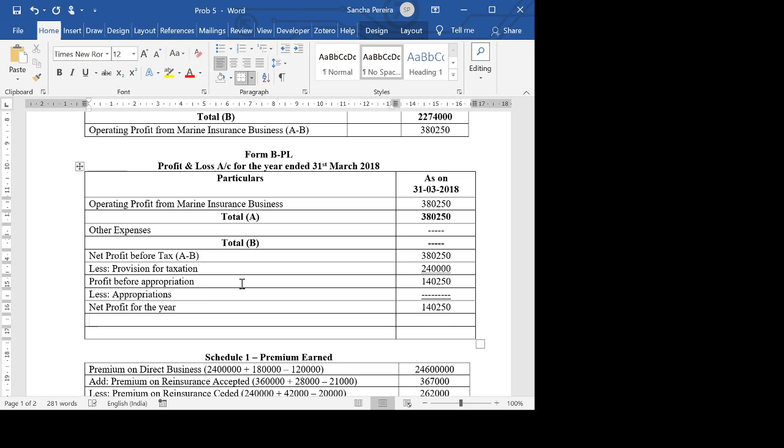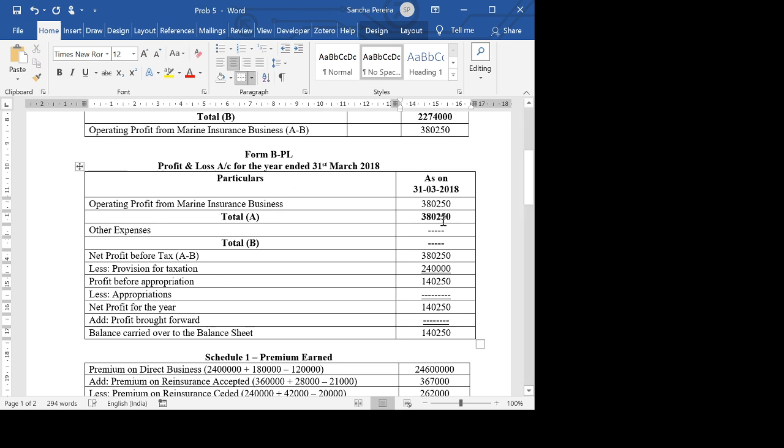Then we normally have add balance of profit brought forward, that is last year's profit and loss account. Again, we have nothing here. So the balance carried over to the balance sheet is 1,40,250. That is the final answer.